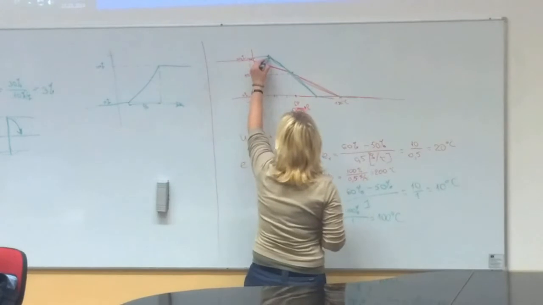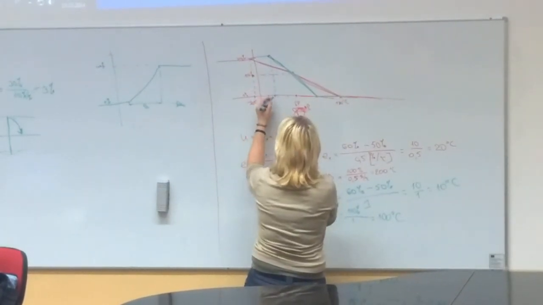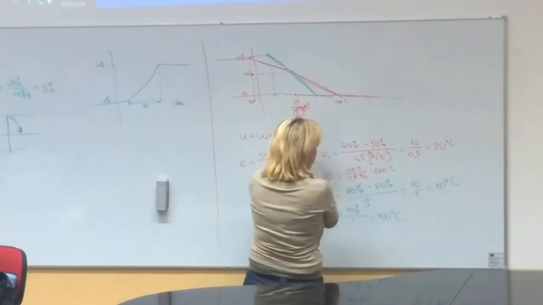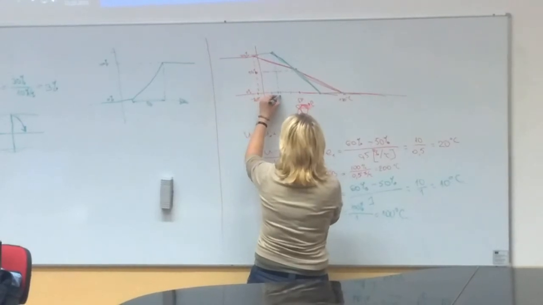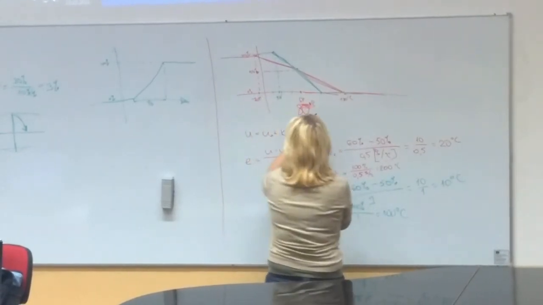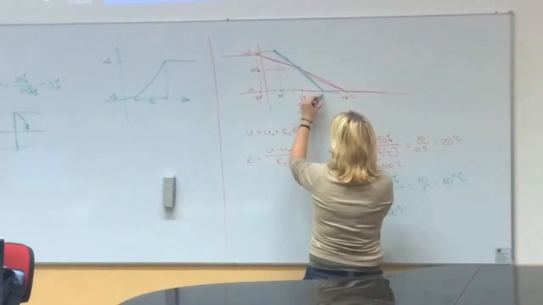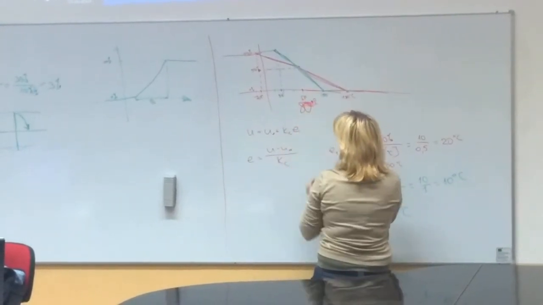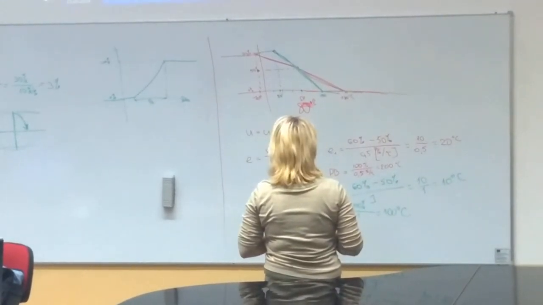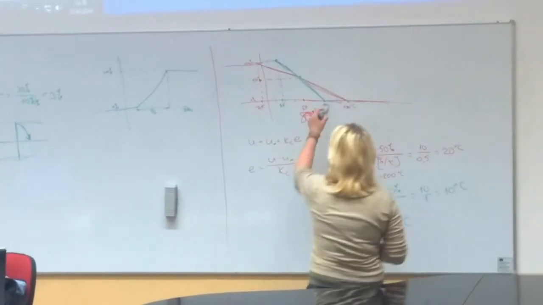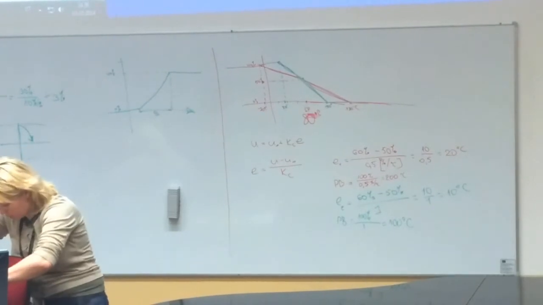So our proportional band is twice less, and this will be 30 degrees, and this will be 130.